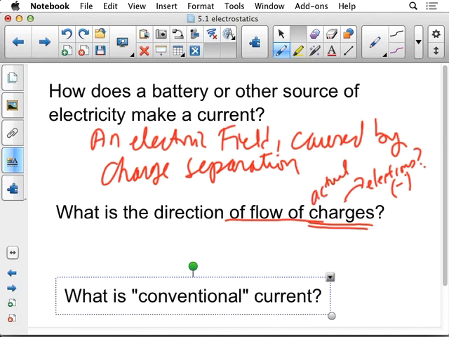But for electrons, here's a wire, and the wire has a negative side and a positive side. For whatever reason, charge separation, we created it. And we know that the flow of the electrons will be in this direction. From negative to positive is the actual electron flow.